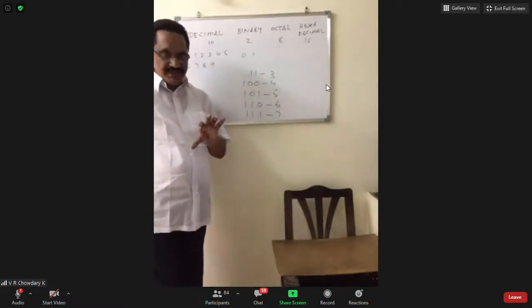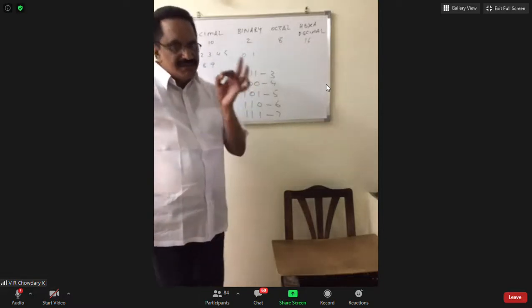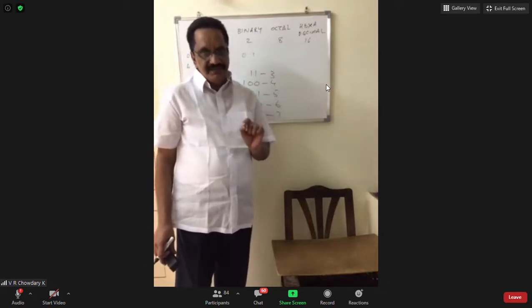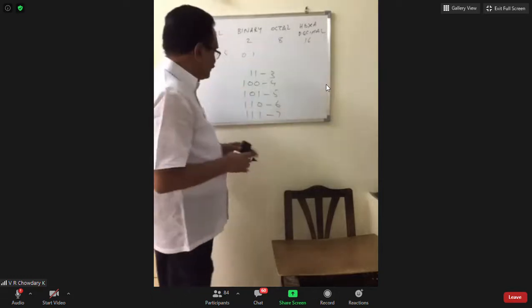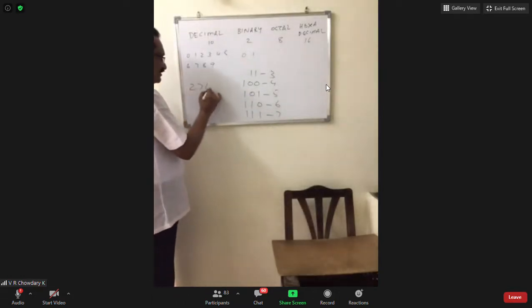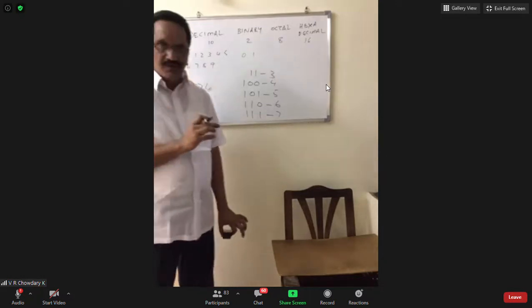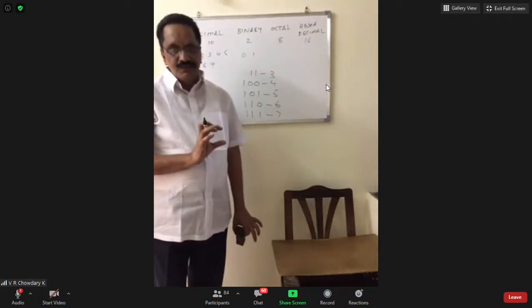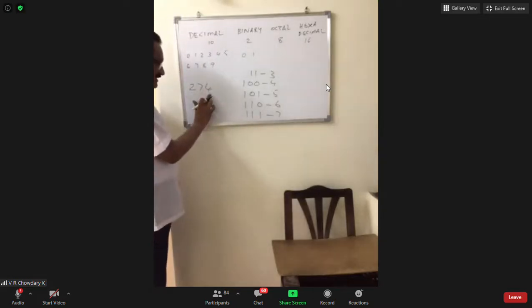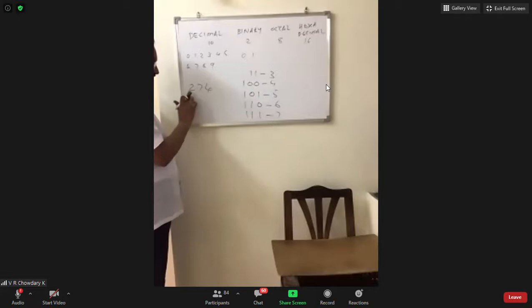So for your convenience, in each number system, for each digit, there is a weight. In the case of decimal number system, let us assume this is 274, one decimal number. This is the units digit, this is the tens digit, and this is the hundreds digit.